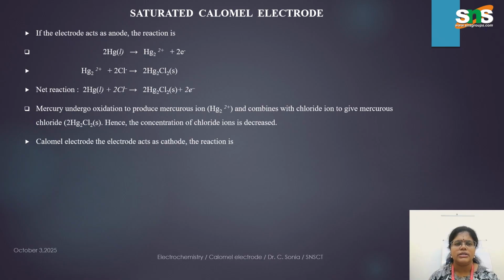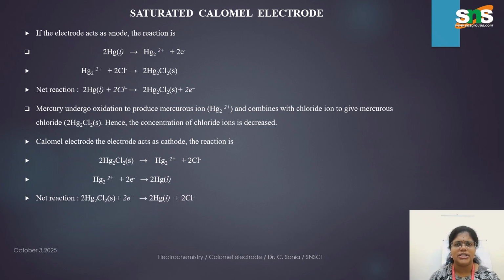Now the electrode acts as a cathode. If this saturated calomel reference electrode acts as a cathode, the reactions involved are Hg2Cl2 giving Hg2 2+ and 2Cl minus. At the cathode, the reaction is always a reduction reaction. So Hg2 2+ takes up 2 electrons to give 2 Hg.